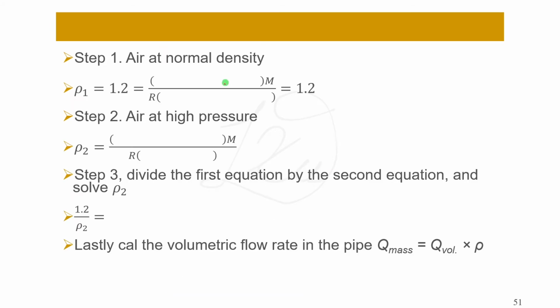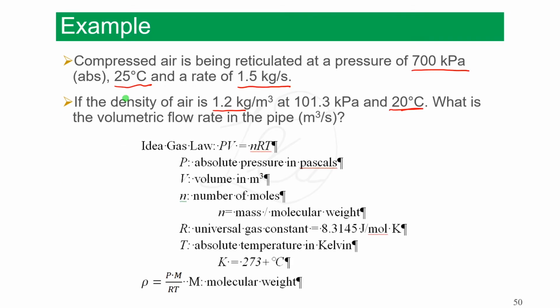There are a couple of ways of solving this problem. I will show you one of the ways that I have used. At the normal density of 1.2, we can use this equation: the density equals pressure times molecular weight divided by RT.